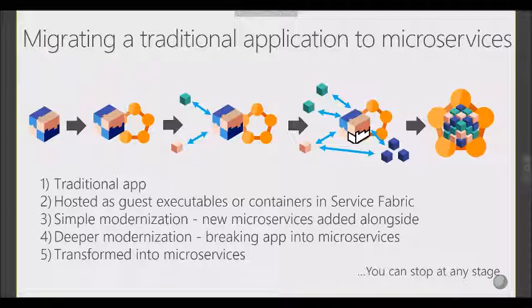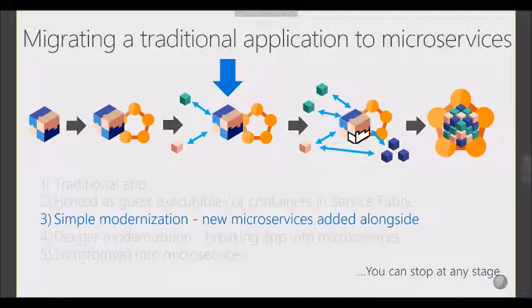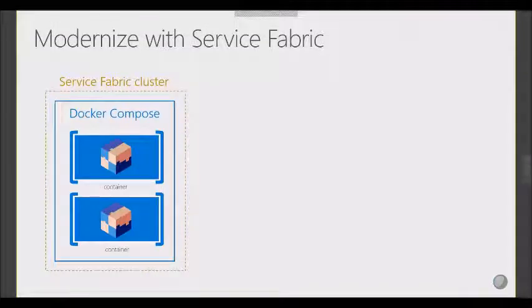So then, when we have done this step, we can go to the next level and ask, how do we add new functionality to the existing microservice or to the existing Docker functionality? Let's say we started with a Docker Compose approach and took 2 Docker containers, running them in the Service Fabric cluster, and now we want to add 2 new services.